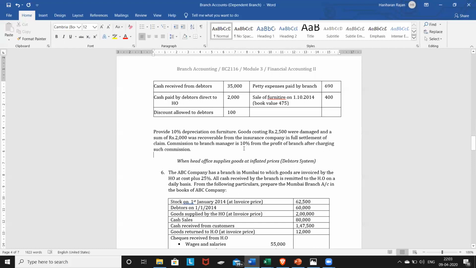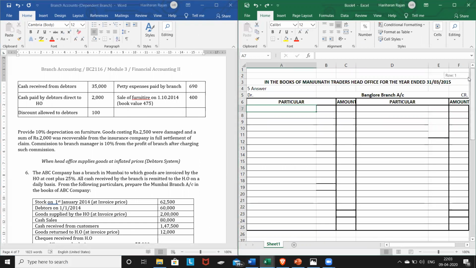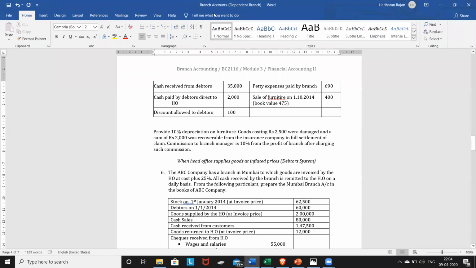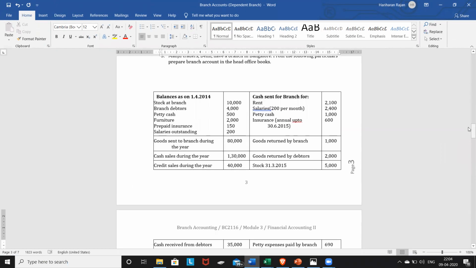So let's start with the problem. So draw the format. I want you to solve the problem with me. So enter all the opening balance information. Let's do it together.